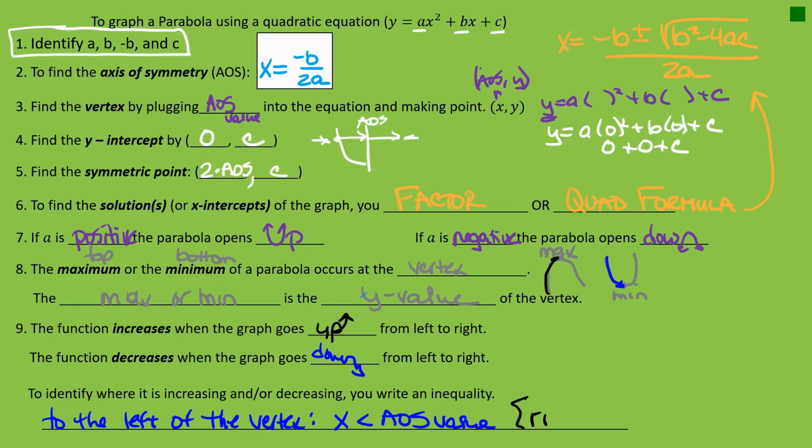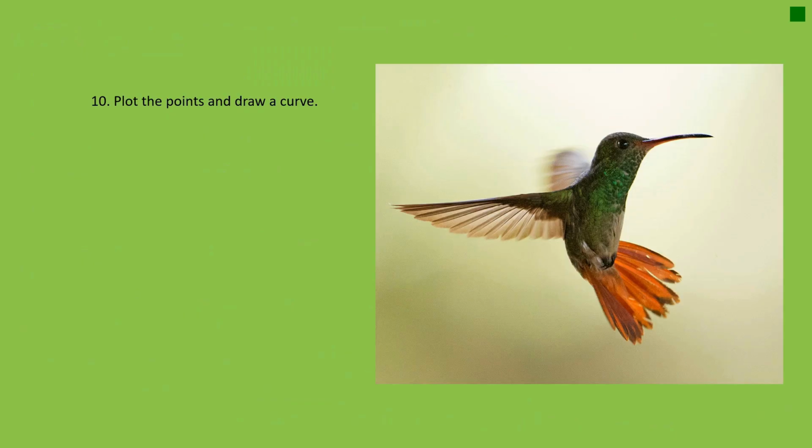To the right of the vertex, your inequality is going to be x is greater than the AOS value. If I go to the right, both of those are greater than. Whew, so confusing. What do you do when you're done with that? You plot all the points, you draw a curve, boom, you are done.